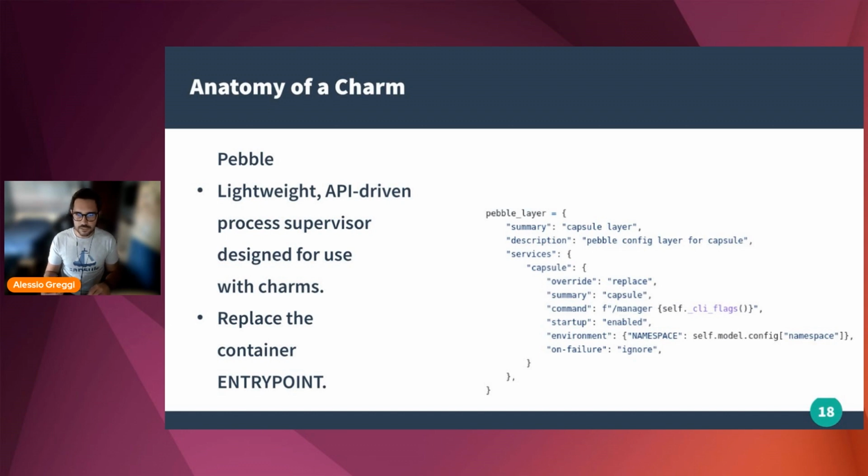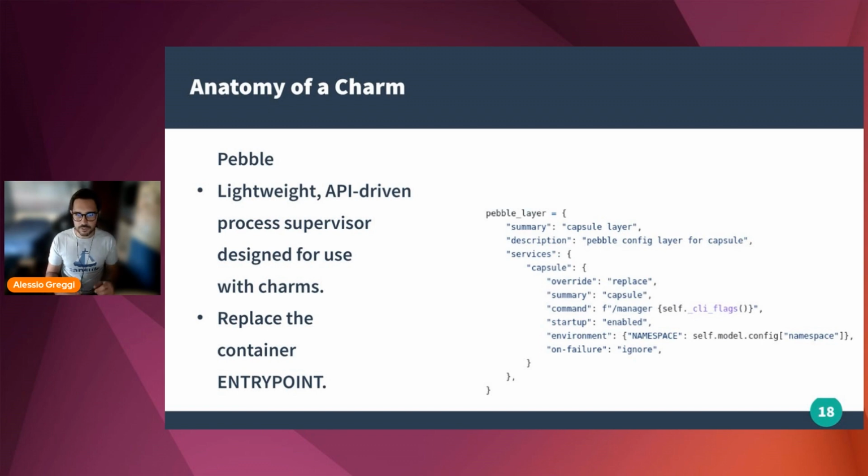So let's see the example. In our case, we created a Pebble layer that is a data structure with some configuration. Specifically, we are using the override function that is the replace. We are overriding, or better, we are telling Pebble to use the following command. So to run Capsule, you have to run manager followed by some CLI flags.